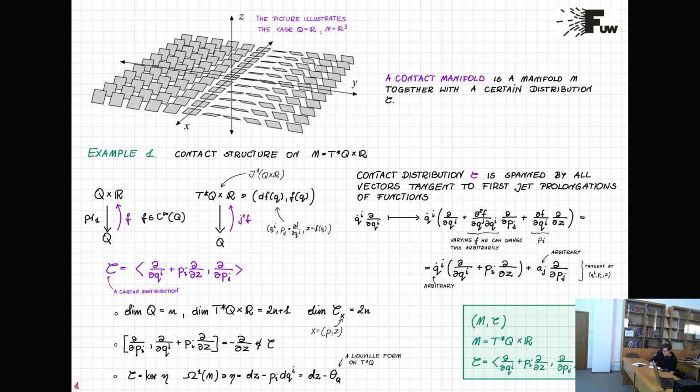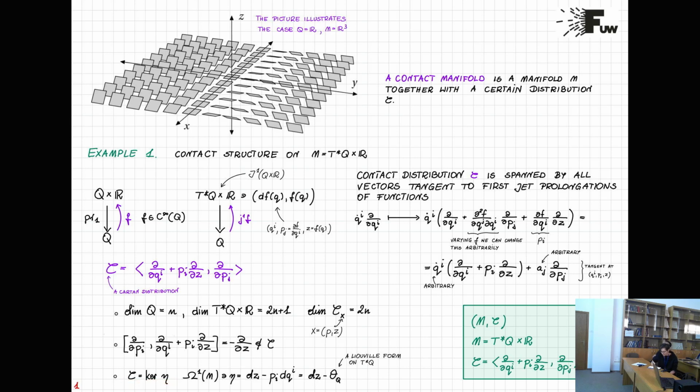Since the distribution has one dimension less than the whole, the vector subspace of the tangent bundle at each point has the dimension 1 less than the dimension of the manifold itself, it means that locally we can describe this distribution as a kernel of some one form.